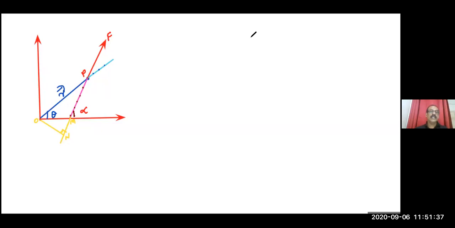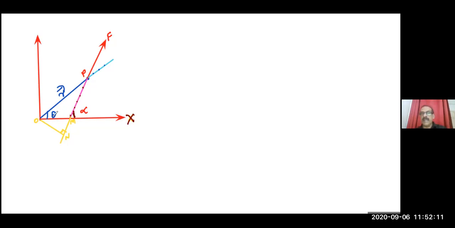Now this is the angle. So here we can write, okay? Let us consider the force at an angle alpha with x-axis. And the position vector R makes an angle theta with x-axis. Sir, can you go a little slow?